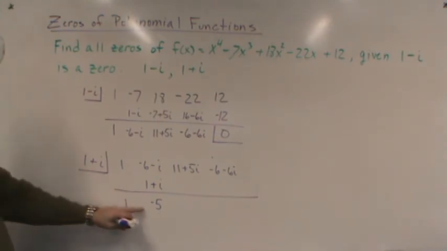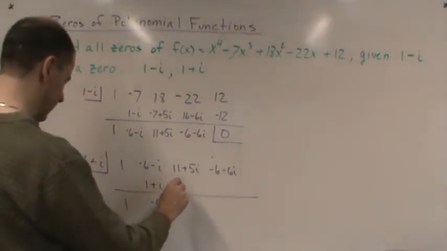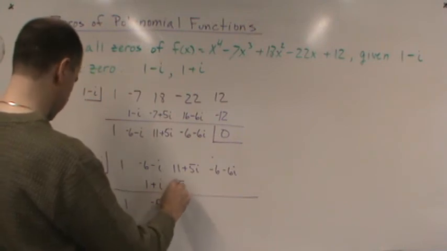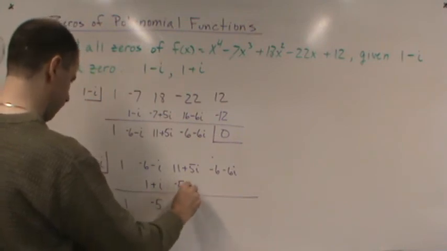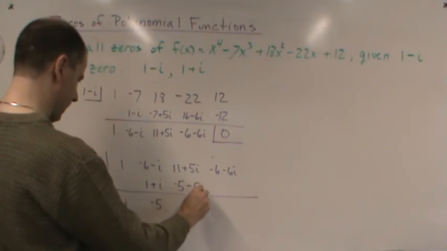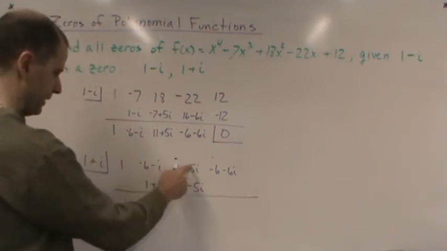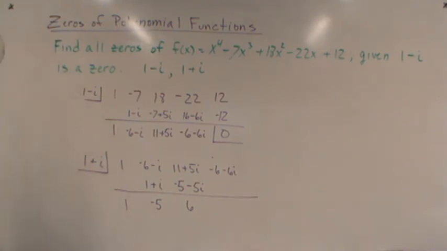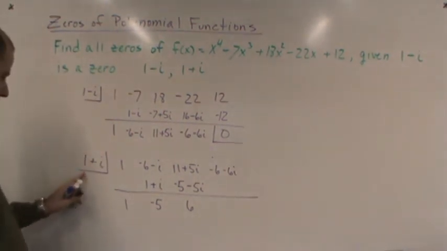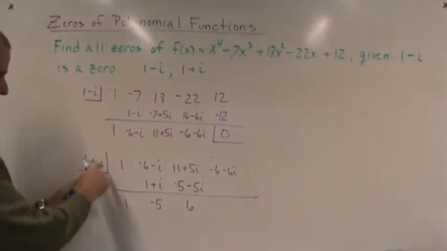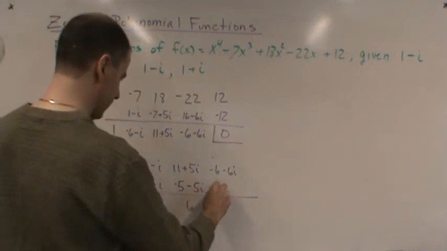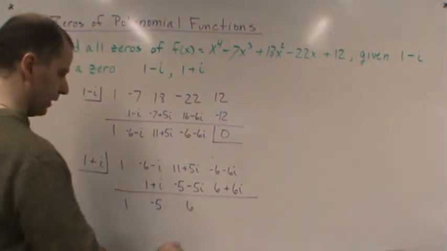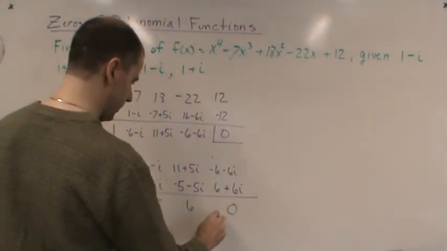Now if I do this times this, I get what? I get minus 5 minus 5i. And look at that. These i's cancel, and I get 6. All right. So now, let's see what happens. Look at that. I get this times this, and gives me 6 plus 6i. And so this gives me 0.